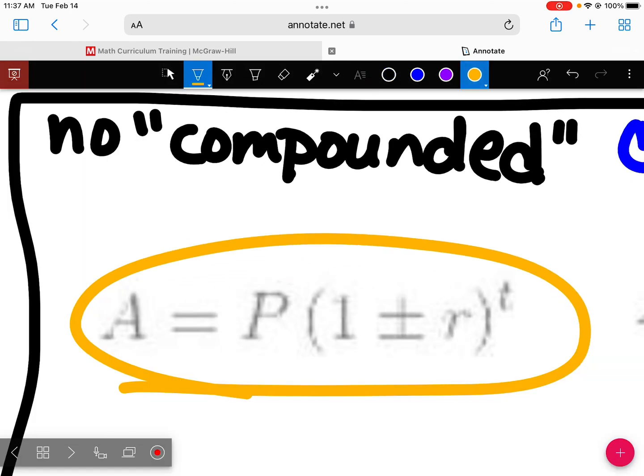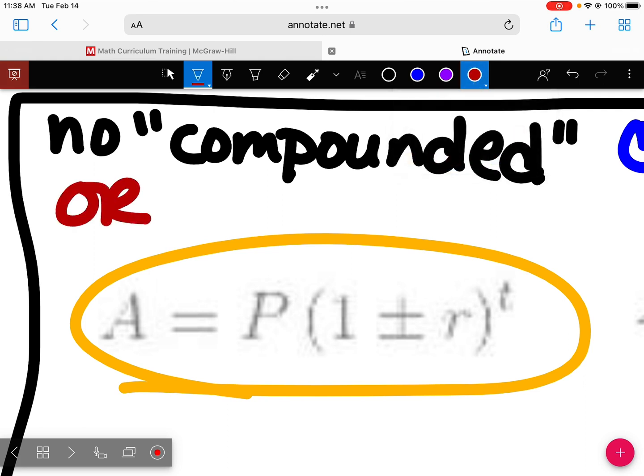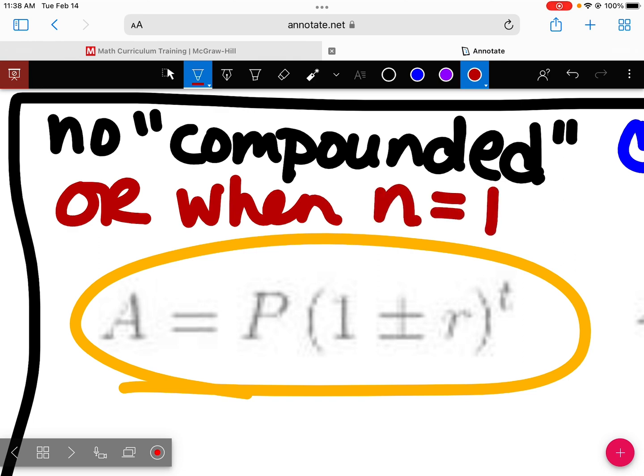Or you could use it when n equals 1. You can use this one or the fourth one over when n is 1. All right.